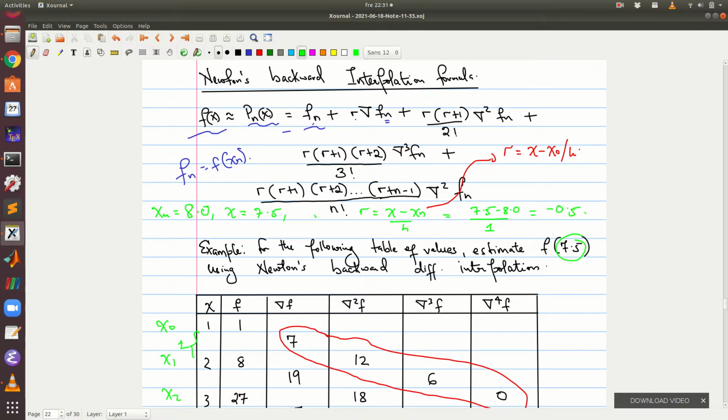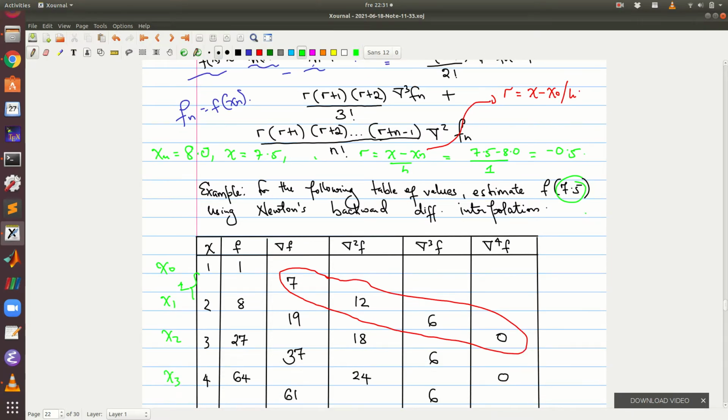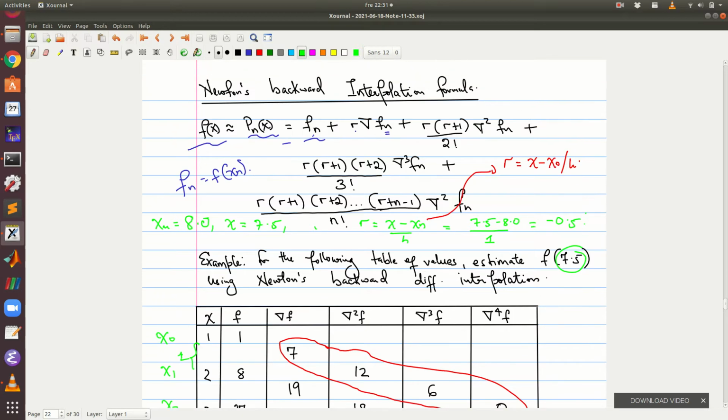So what else do we need here? We have r, we have xn, so just the backward differences here. If we look into our formula, we have f of n. This is the point f at x equals 8, because we say that xn is 8. So do we have that?